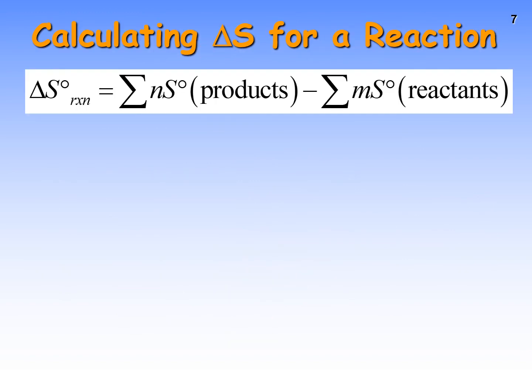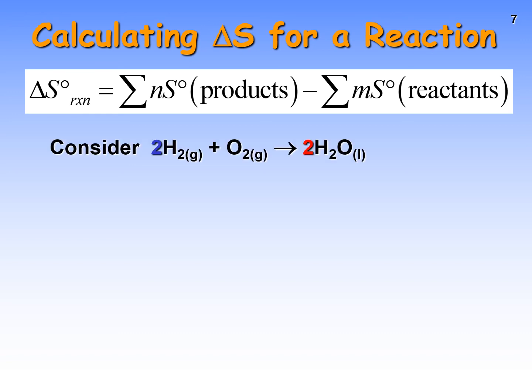All right, so let's do an actual calculation. Let's say I want to calculate delta S naught for a reaction. Let's say this reaction: H2 gas reacting with O2 gas to form H2O liquid. Now, if I was a betting man, I would predict this value should be negative.